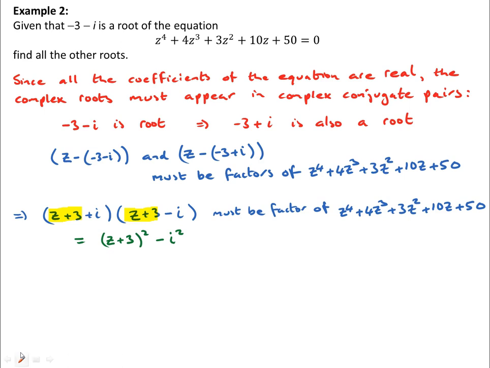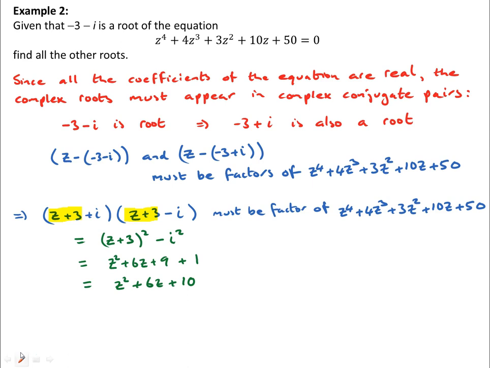And (z plus 3) squared minus i squared is z squared plus 6z plus 9 minus i squared, which is minus 1. So what we've got altogether is z squared plus 6z plus 9, and then minus minus 1 gives me plus 1. In other words, we've got z squared plus 6z plus 10.